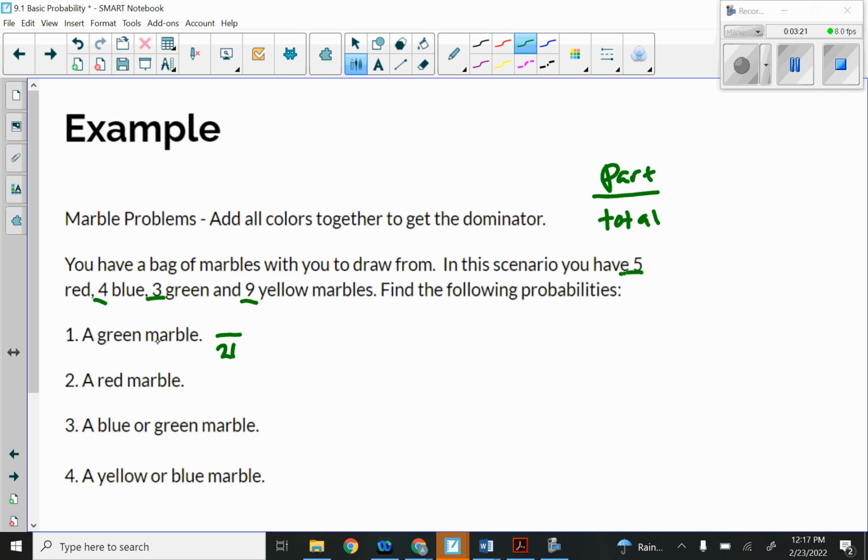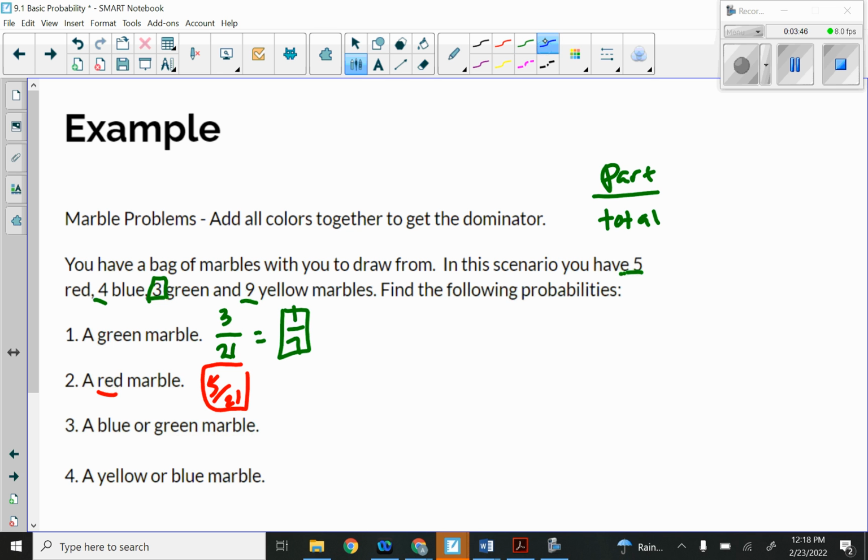So I want to know the probability of drawing a green marble. Well, if I have 3 green marbles, that's 3 out of 21, which we can reduce to 1/7. If I want to know the probability of a red marble, that's 5 out of 21, which is still 5 out of 21.